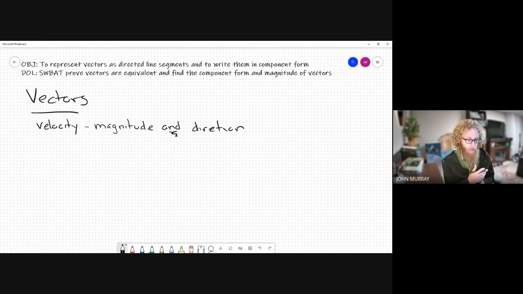Now that direction, when we talked about bearings, when we talked about north, south, east, and west, that could be the direction. Or if you're looking at a graph, right? So moving positively in the y direction and moving negatively in the y direction, okay, that would be velocity.